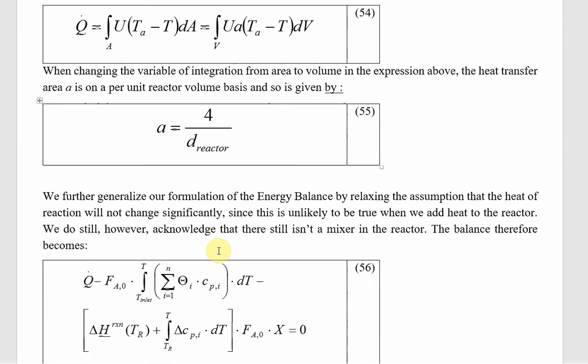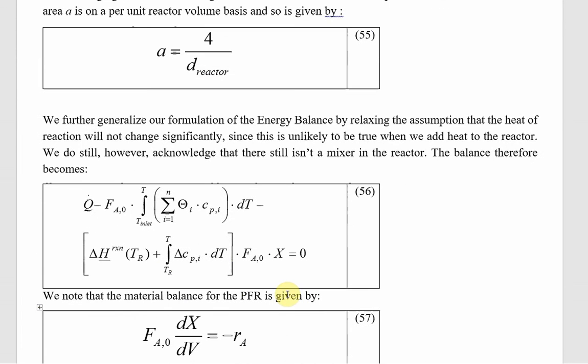Right, so we've got the area accounted for in our calculation for the total amount of heat added to that system now. And we've got our general relationship. So we've got our general heat balance, and here we are neglecting shaft work.